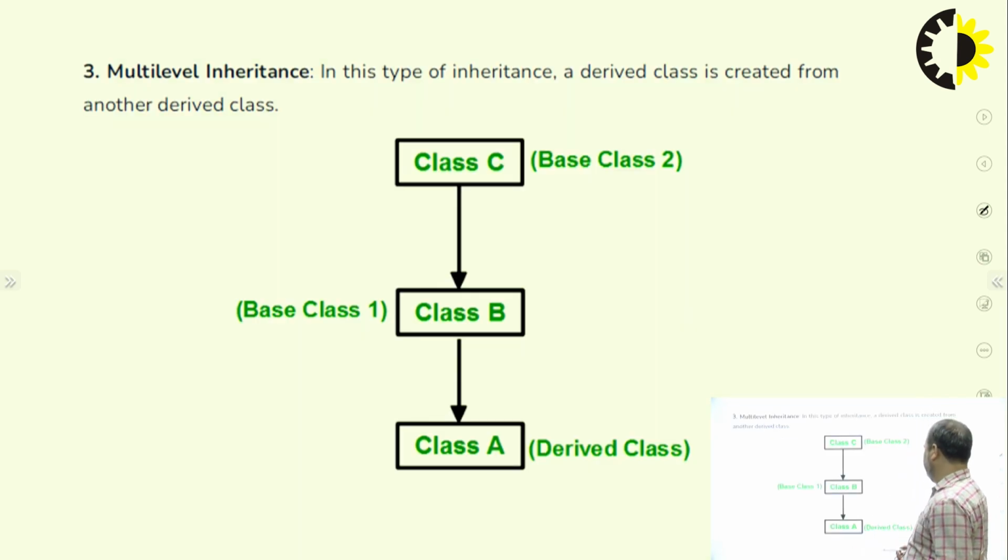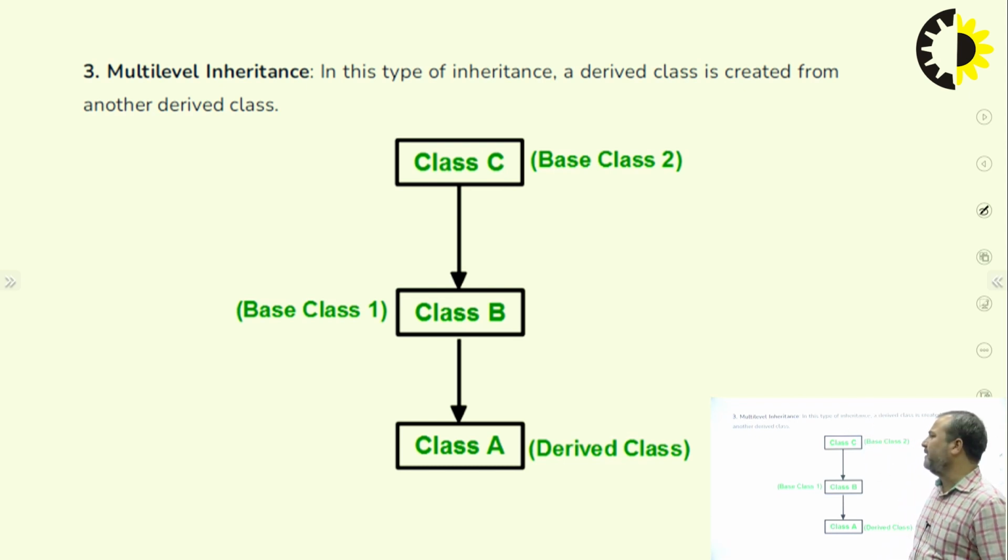Multi-level inheritance: multi-level means more than one level. For example, here class A inherits the property of B, which inherits the property of C. We can draw an analogy with grandchildren inheriting some property of their parents, and they can inherit the property of their grandparents and so on.